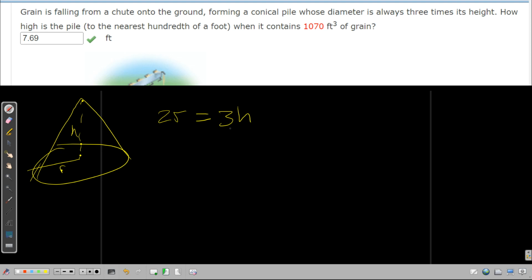This property of a pile is called the angle of repose, which would be expressed as an angle, but this, it turns out, will uniquely describe an angle. And we're asked to find the height when it contains this much cubic volume. So volume of a cone is 1/3 pi r squared h, and it's supposed to equal 1070.